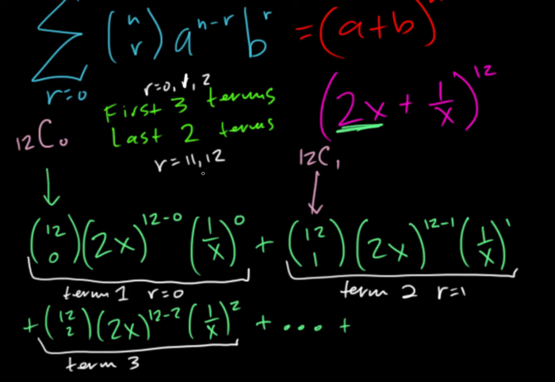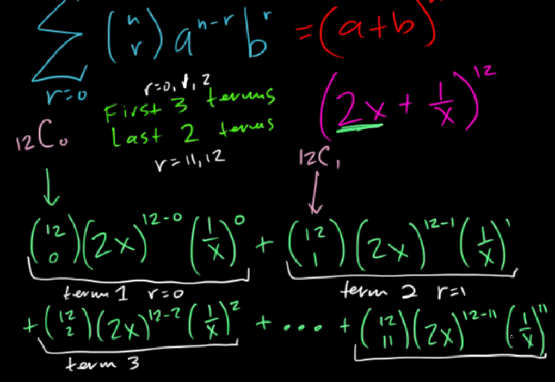So we're going to do r is 11, so 12, 11, and then 2x, 12 minus 11, 1 over x to the 11th. So this was r equals 2. This is second to last, which is r equals 11.